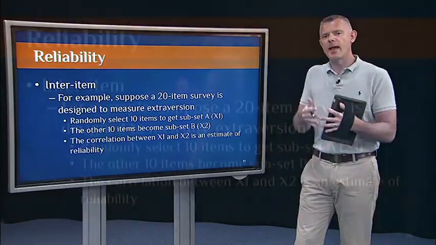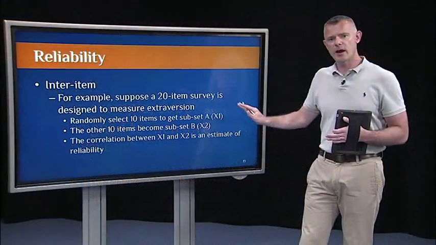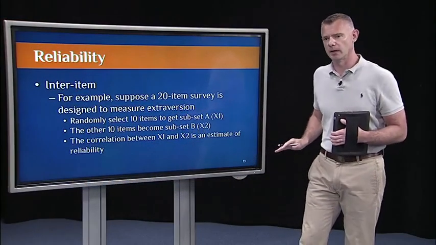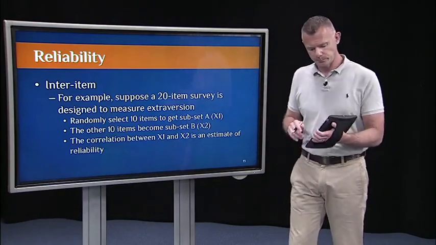If they're all getting at this one personality trait, extroversion, then subset A should be correlated with subset B, and that correlation will be used as the reliability estimate. This is a very common method in the social sciences. It's called inter-item estimates of reliability.